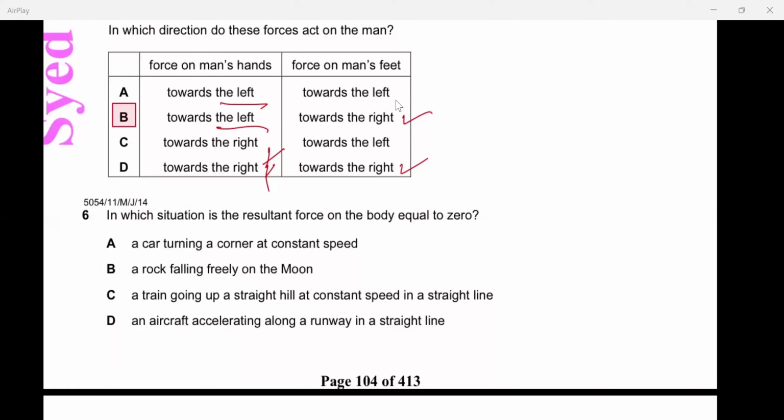In which situation is the resultant force on the body equal to 0? Where is the resultant force 0? C, a train is going straight at constant speed in a straight line.